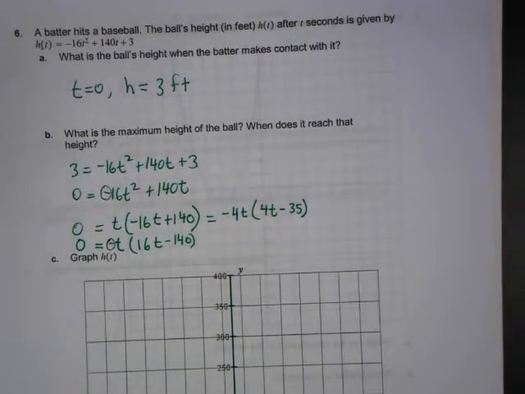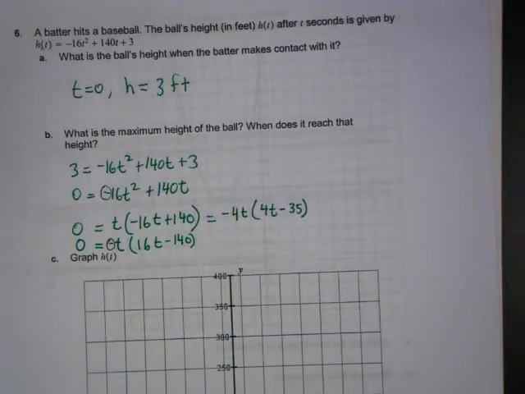Which one's right? All 3 of them are right, and all 3 of them are going to get you the right answer. So when you're solving equations, it's not quite as important that you take out the GCF. But it's always a good idea to take out the GCF.